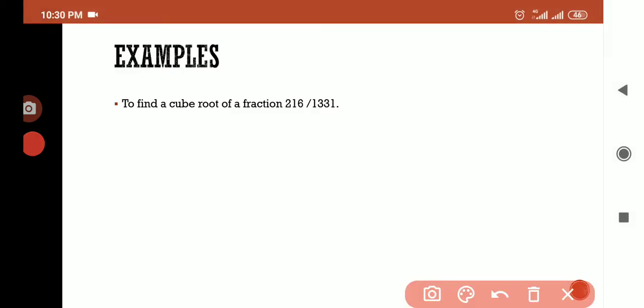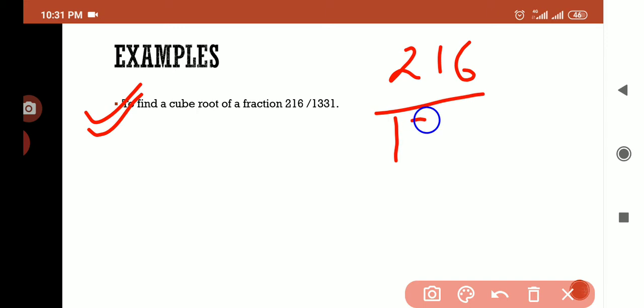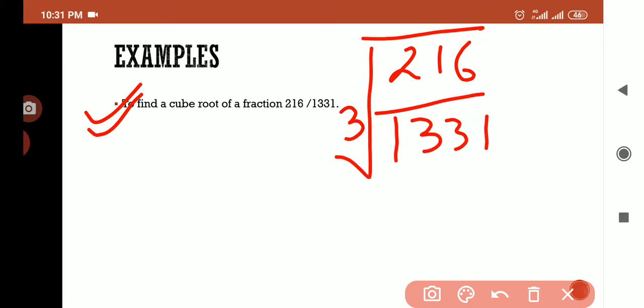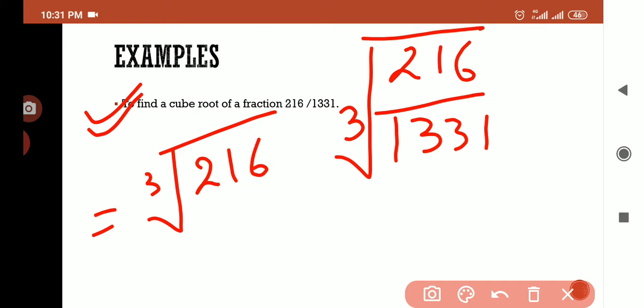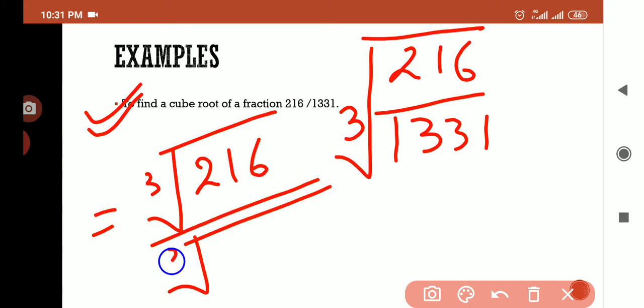Now let us discuss the process of finding the cube root of a fraction with the help of an example. To find the cube root of the fraction 216 upon 1331, first we have to find the cube root of 216 and then the cube root of 1331.